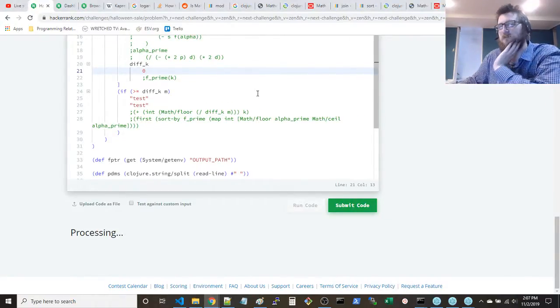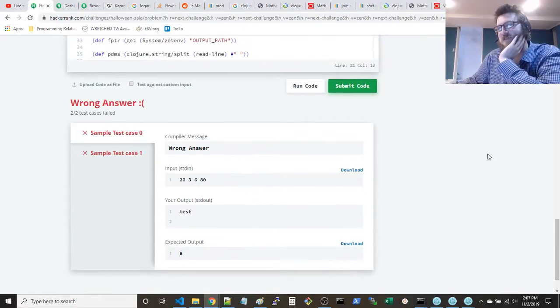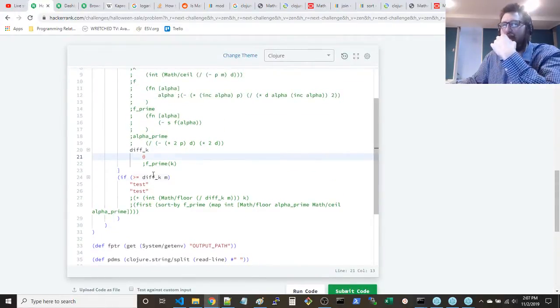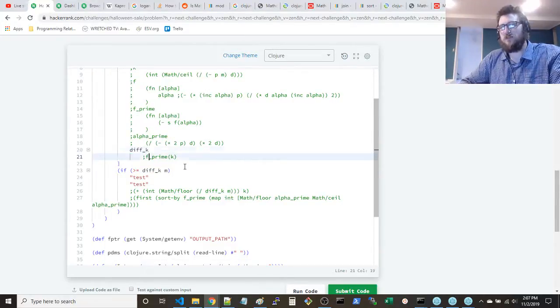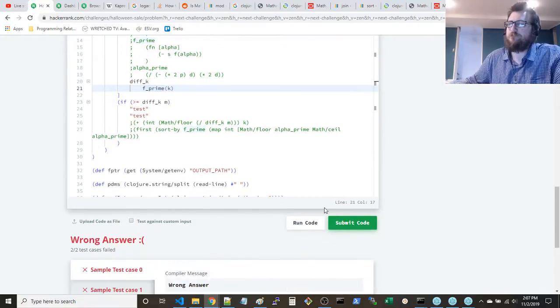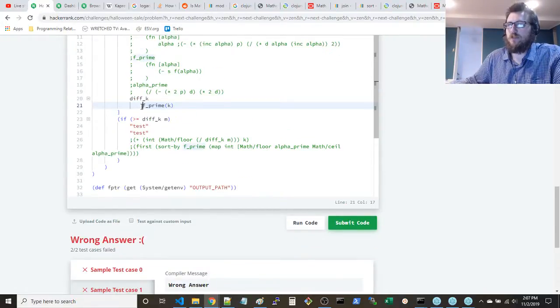Go through enough pain, you'll remember it. Start to memorize it. Everything's got to be a function. Every operator, everything's a function. And this f prime of k, it doesn't work like that. It's f prime the function, and you pass k to it.